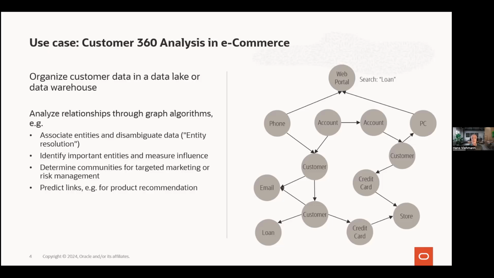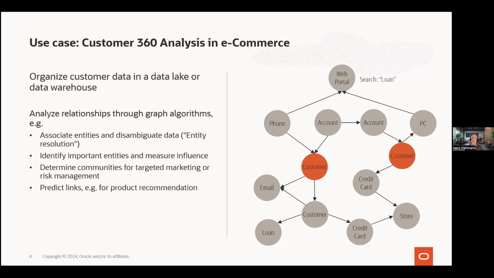With the help of graph algorithms, you can then identify communities in that graph with similar properties or similar interests, for example. Or if you take the two customers in the middle here, if the customer on the right-hand side is someone who's new and sort of largely unknown, just by the fact that a well-known customer transfers money into his account, and that he's shopping at the same store as another connected customer, and he's looking at the same web pages and so on, you can conclude that there are similarities between these two customers on different levels, right?